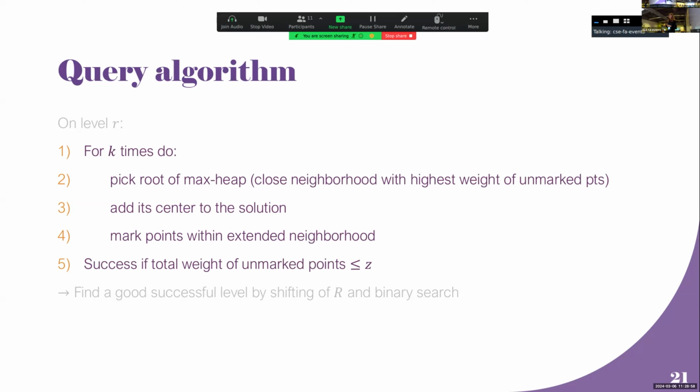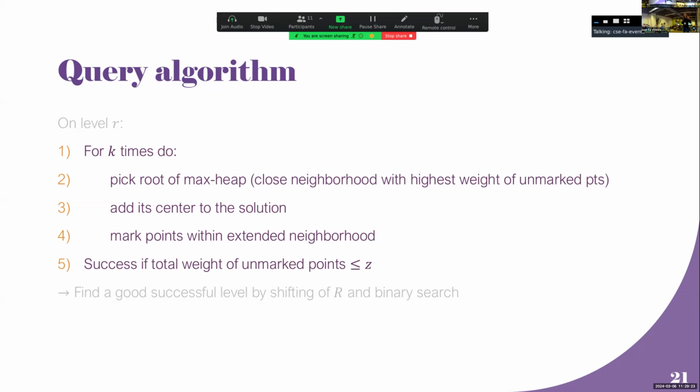So we don't remove them because we want to be able to still use them as centers, but they won't contribute to the weight of the other balls anymore. And after doing this for k times, we only check if the weight of the remaining points is at most z, and then we know that we have a feasible solution.